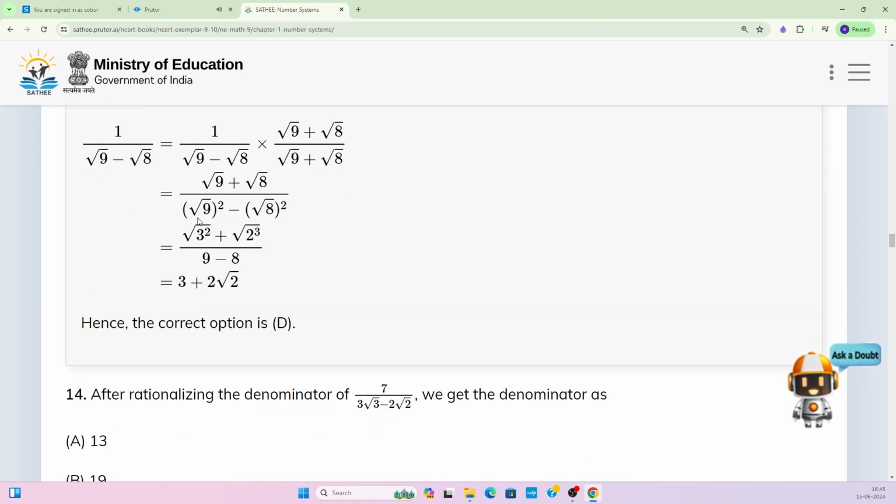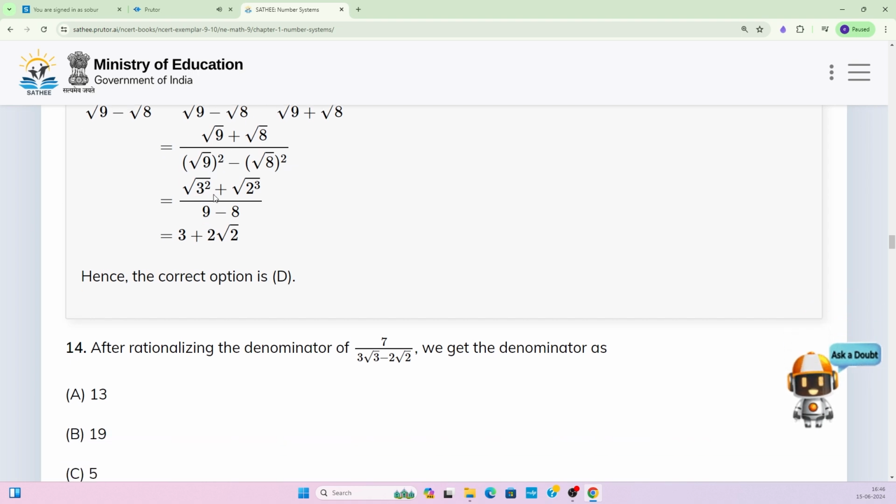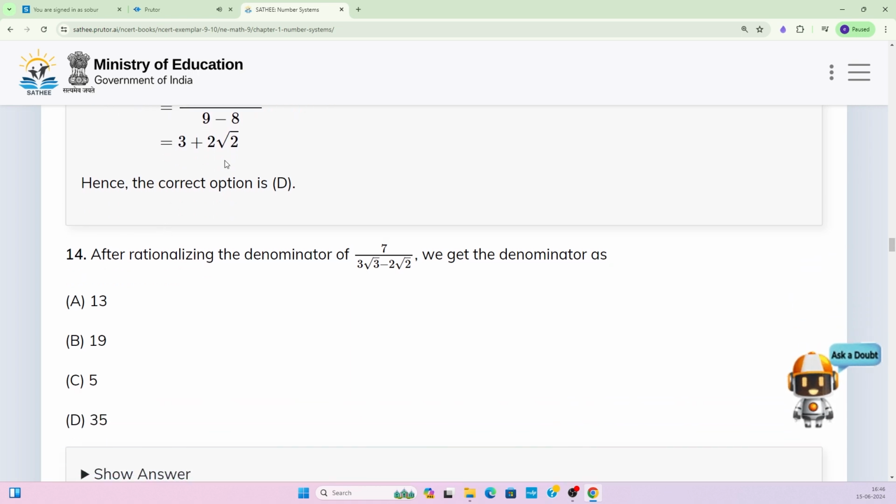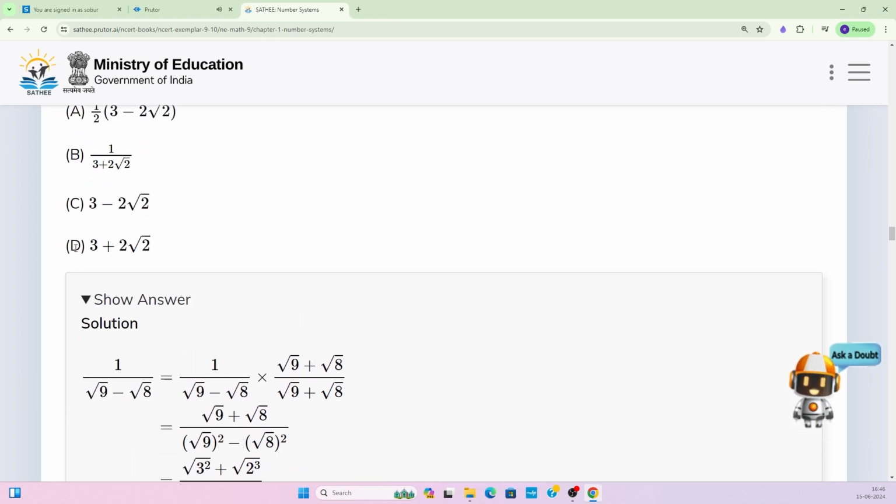First of all we rationalize the denominator: 1 by root 9 minus root 8 into root 9 plus root 8 by root 9 plus root 8, and this is equal to root 9 plus root 8 divided by root 9 square minus root 8 square. So this is equal to root 3 square plus root 2 cube divided by 9 minus 8, and this is equal to 3 plus 2 times root 2. Hence the correct option is option number B.